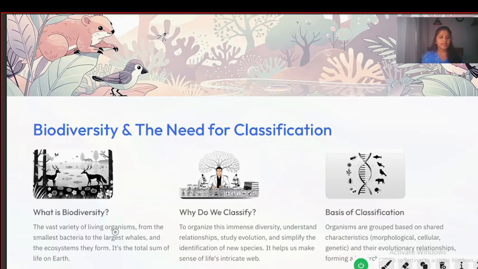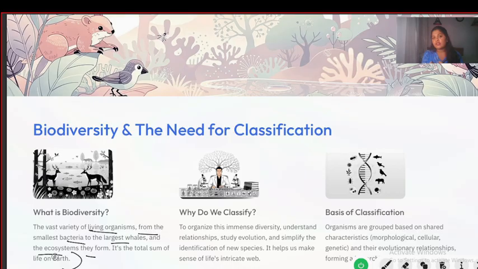So the vast variety of living organisms, from the small bacteria to the large whale, and the ecosystem they form, is the total sum of the life on earth. So all the various types of organisms, smallest to the biggest, together are called biodiversity, and they reside within the ecosystem.